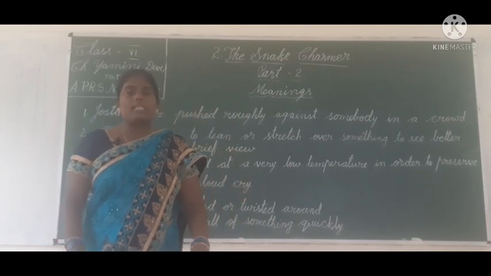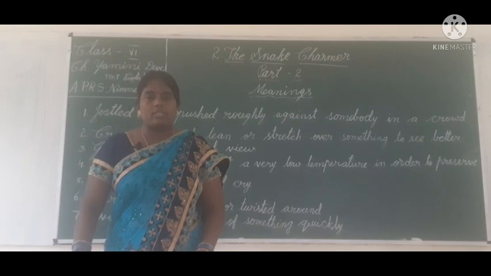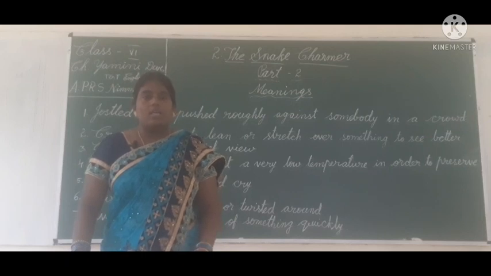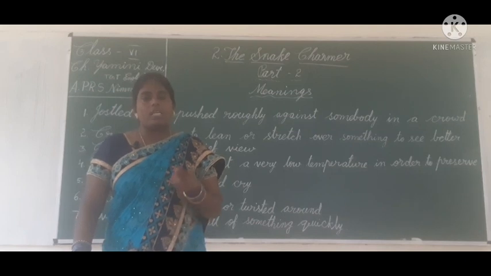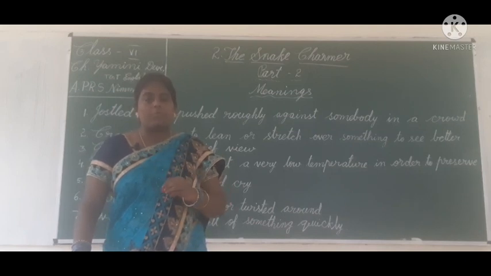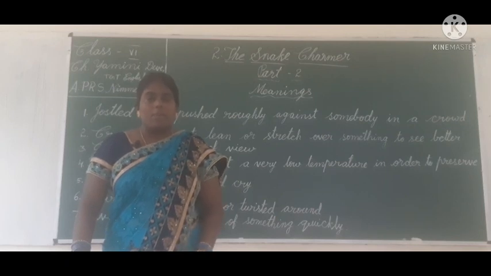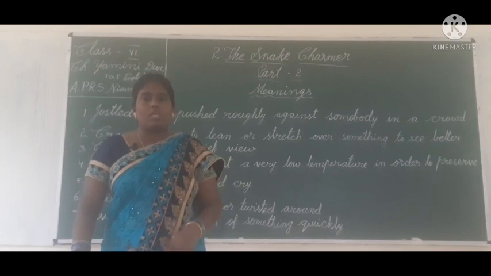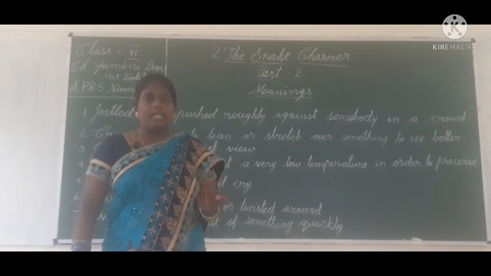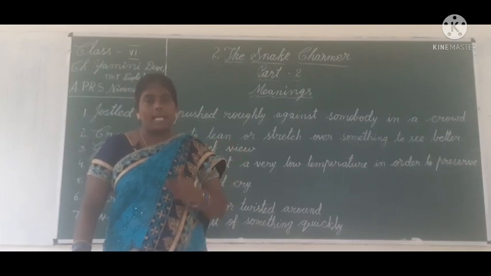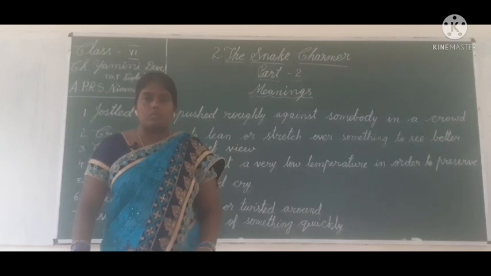Yes, here the snake charmer made a wrong choice. He found a strange animal. Whenever he had seen a strange animal, he should have gone far away from it. But he decided to bring it down to the town. Without checking anything, he decided that it was dead, and he carried it down to the town.